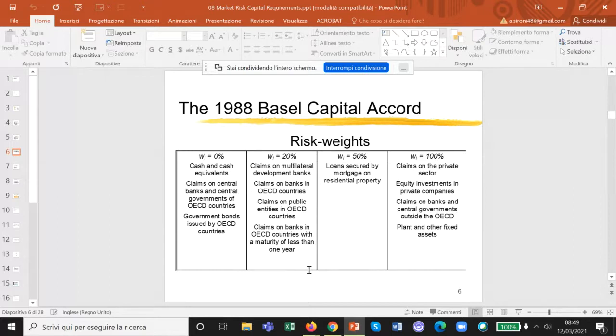Then loans to other banks, for example, would get a risk weight of 20%. So, for example, if you give a loan to another bank of 100 euro, how much capital do you need to hold? The risk weight is 20%. So how much capital do you need to hold?